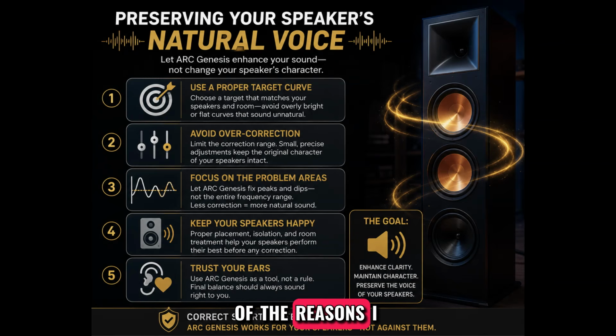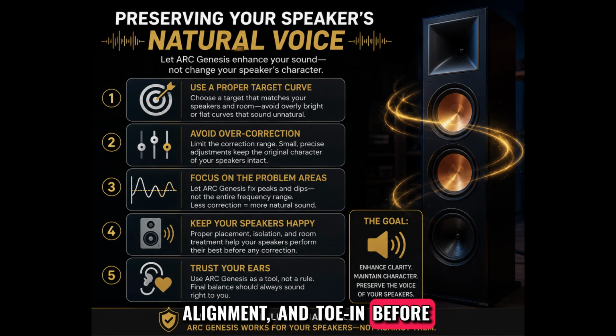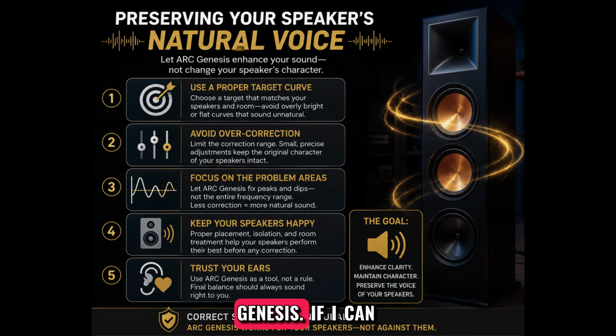That's one of the reasons I spend so much time optimizing speaker placement, alignment, and toe-in before I ever run ARC Genesis. If I can get my measured response closer to the target through proper setup, ARC doesn't have to work as hard. That allows room correction to focus on fixing the room, while preserving more of the character that made me choose those speakers in the first place.